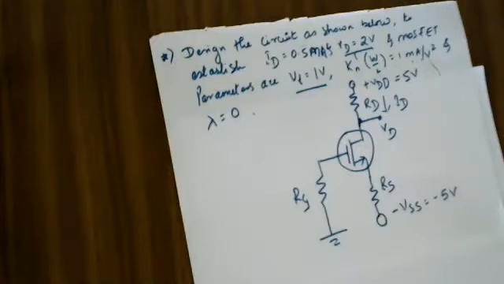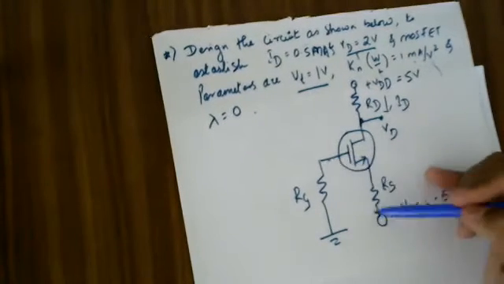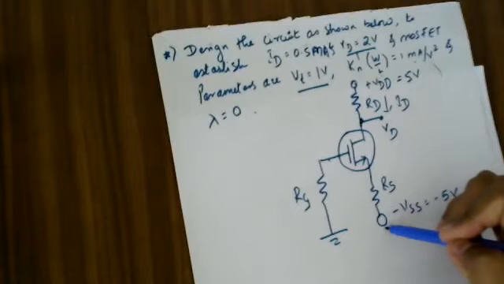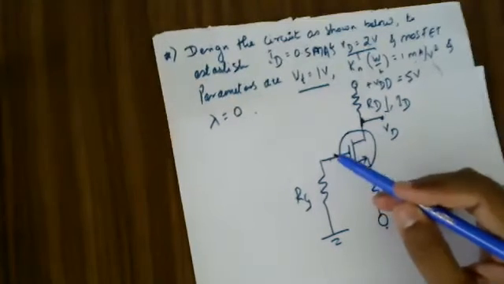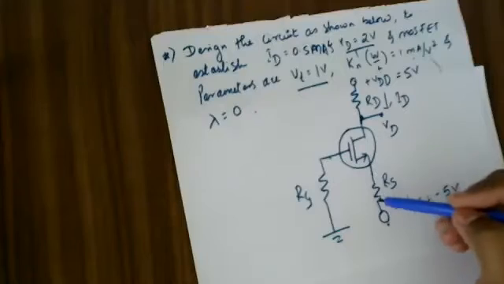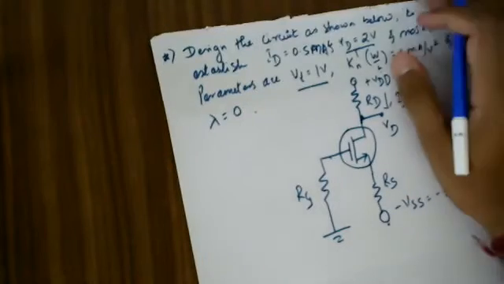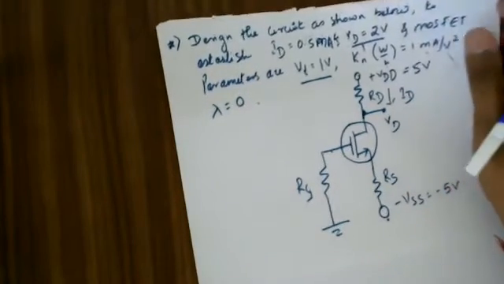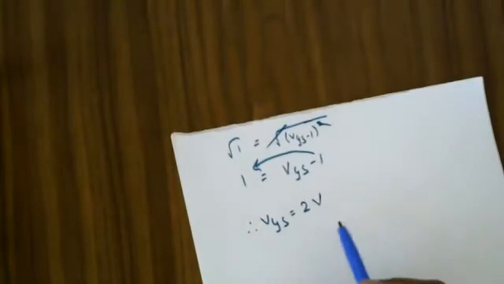VGS exists between gate and source. So it is VG minus ID into RS plus VSS.